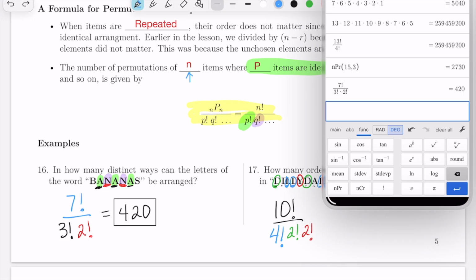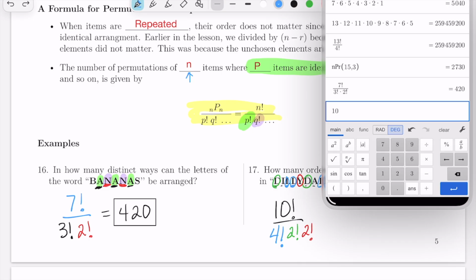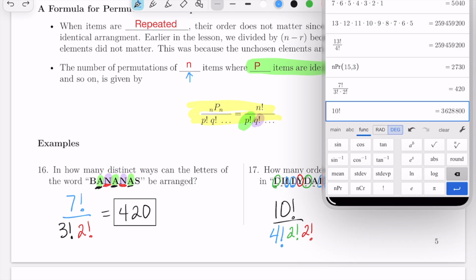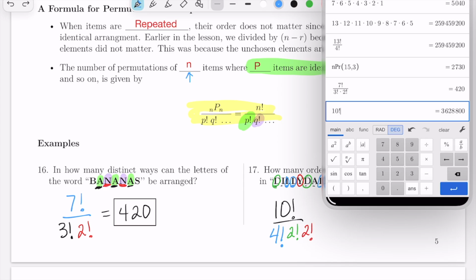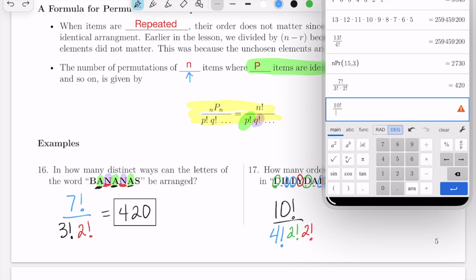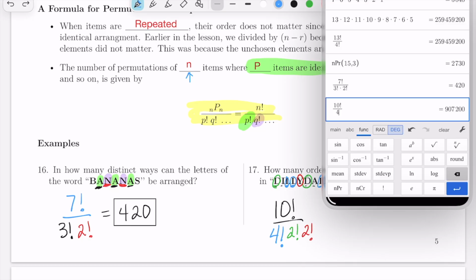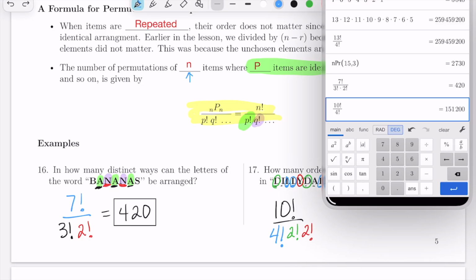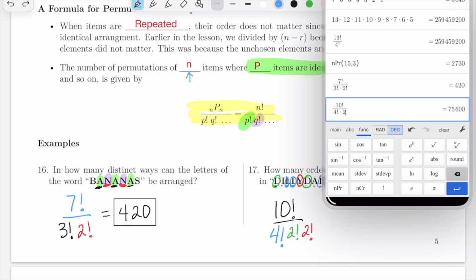I'm really used to my keyboard where I can just use the exclamation point on my keyboard. Now 2 factorial, it's really just 2 because 2 times 1 is just 2.